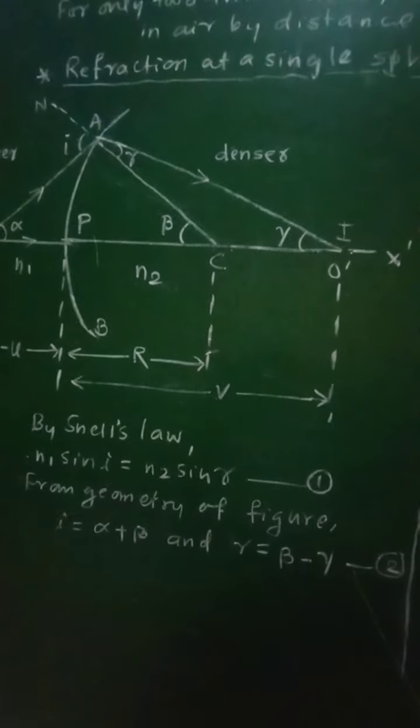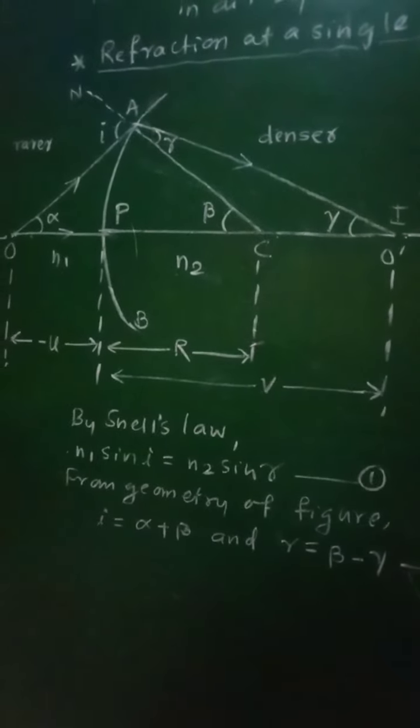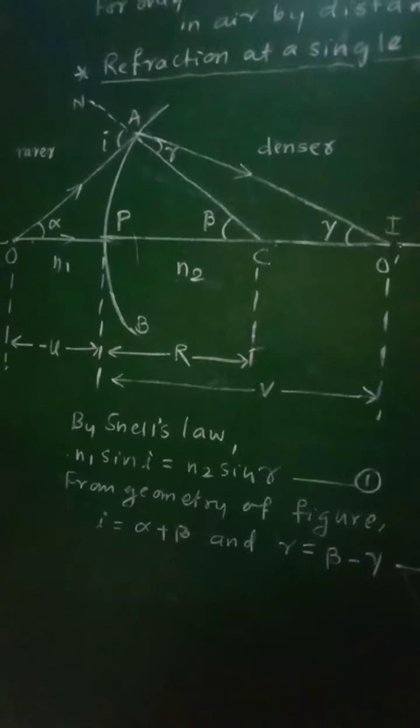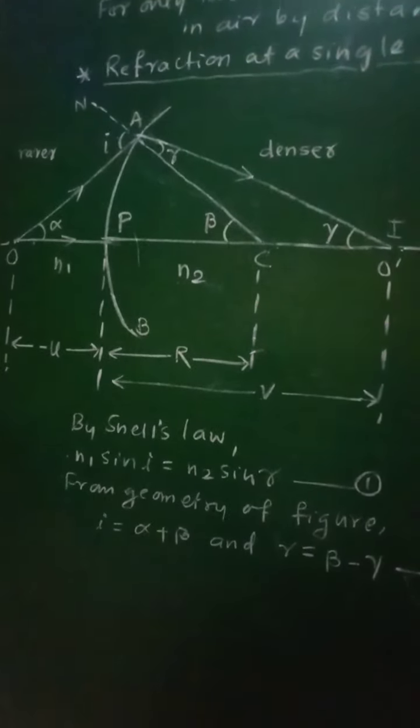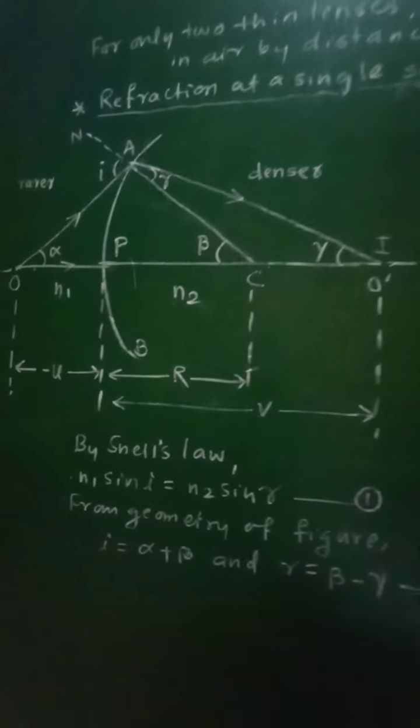Another ray OA strikes the surface at point A, then NAC is the normal to the surface from the center of curvature C. Let i be the angle of incidence at point A in the medium of refractive index n1.